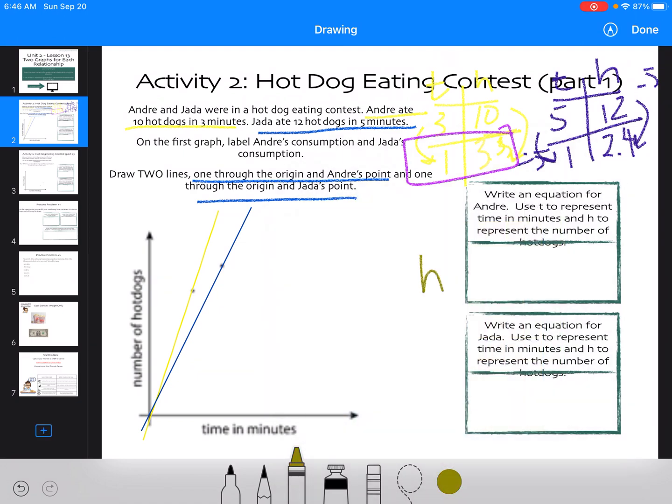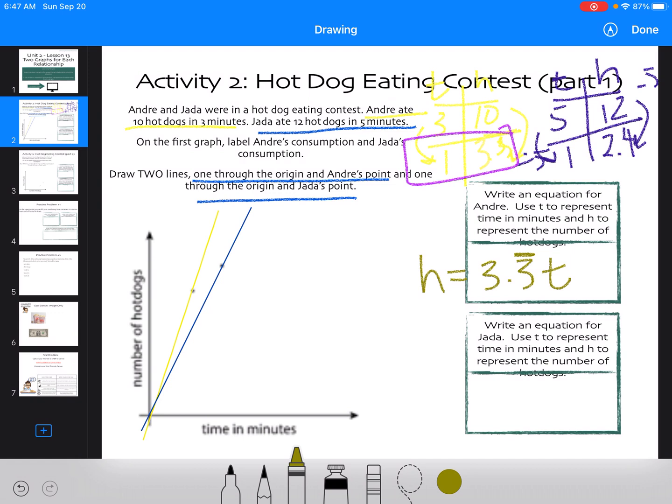The number of hot dogs is going to be equal to 3.3 times the amount of time, because he can eat 3.3 hot dogs in 1 minute, so I would multiply it by 2 minutes, 3 minutes, 4 minutes to get my answer. Okay, and I want to make that repeating.